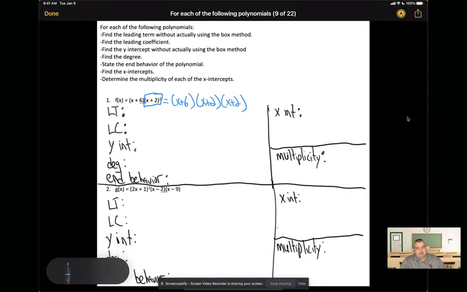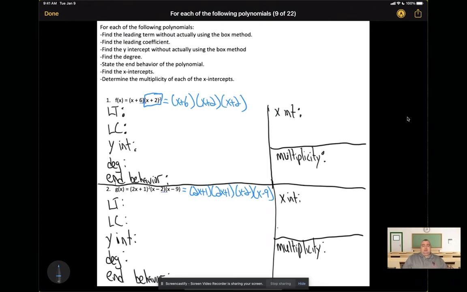So I could do the same thing in number 2, because I have 2x plus 1 squared, which means I need to write that twice: 2x plus 1, 2x plus 1, and then x minus 2, and x minus 9.